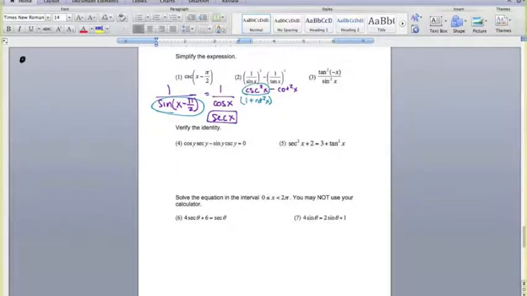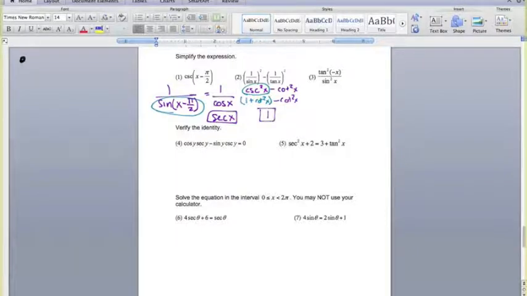Okay, that's one of our identities, that cosecant squared x is equal to 1 plus cotangent squared x. So I can just swap that out. And that's helpful because then I end up with 1 plus cotangent squared minus cotangent squared, and plus a minus are going to cancel each other out, and this whole thing just turns into 1.